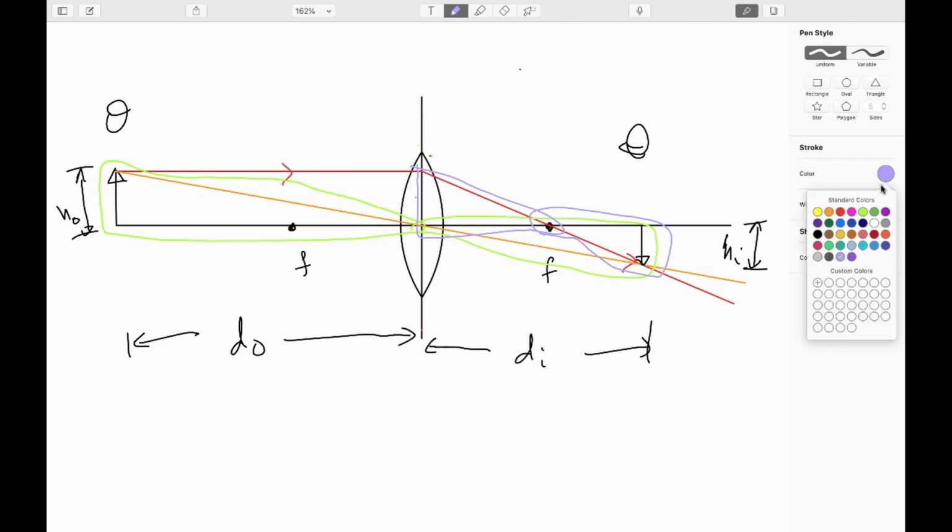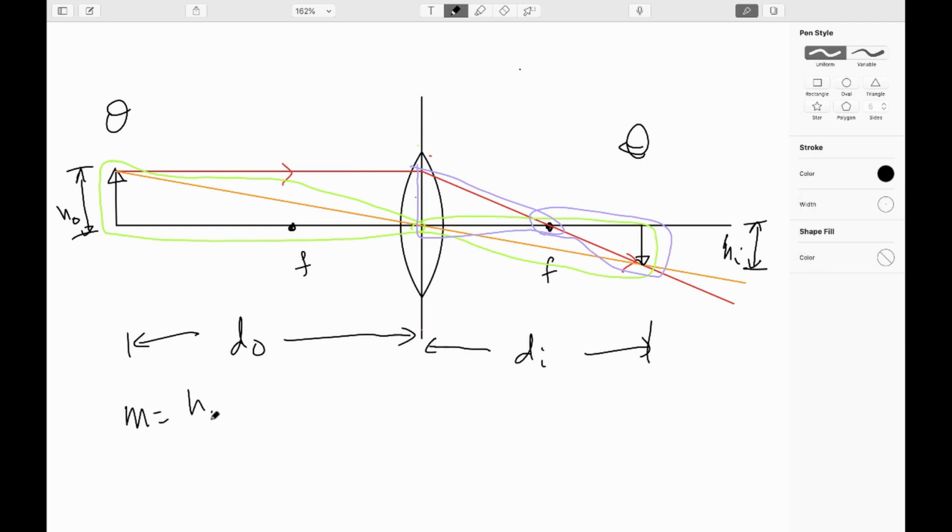And just like I alluded to before, if you set up the proportions, do the tedious algebra, you'll get that the magnification, which is HO over HI, is equal to minus DO over DI.